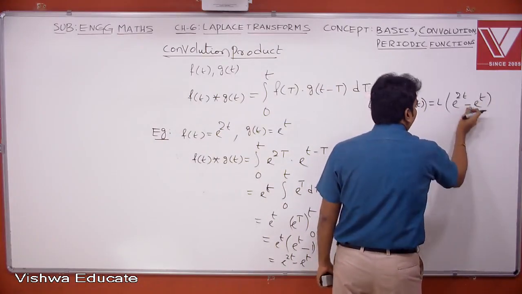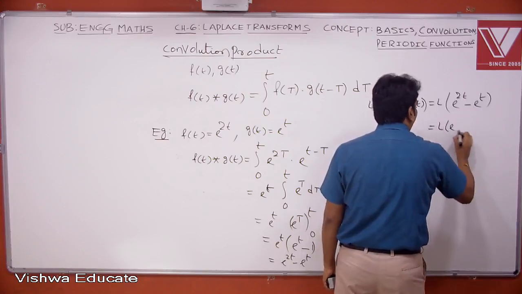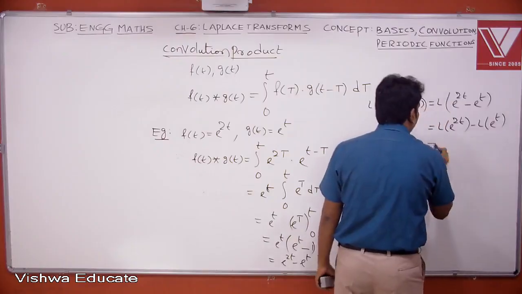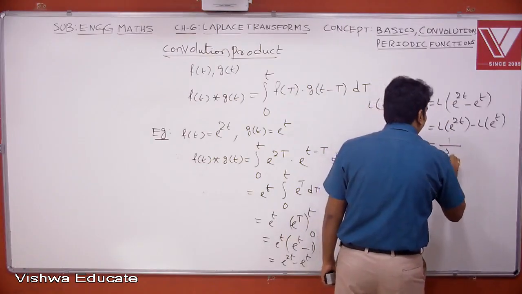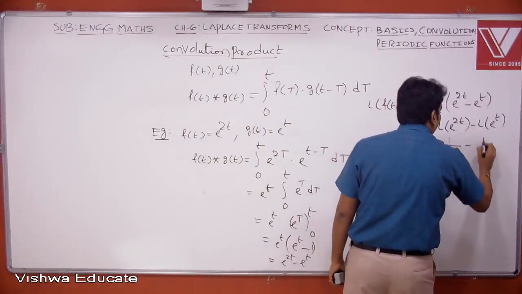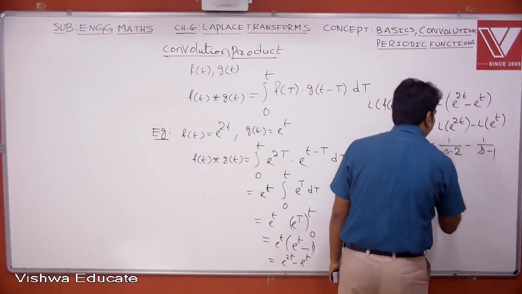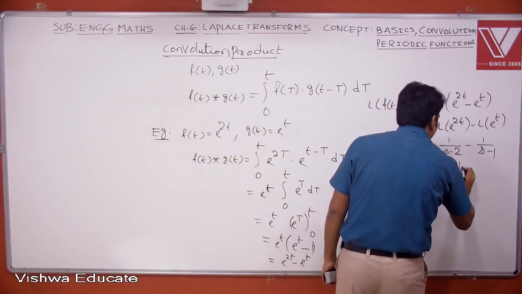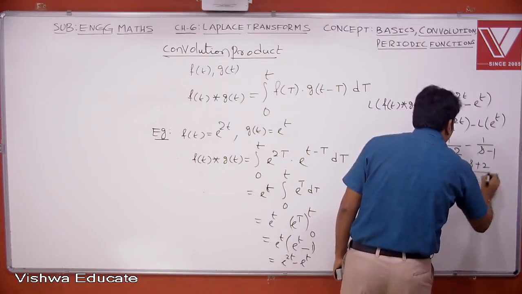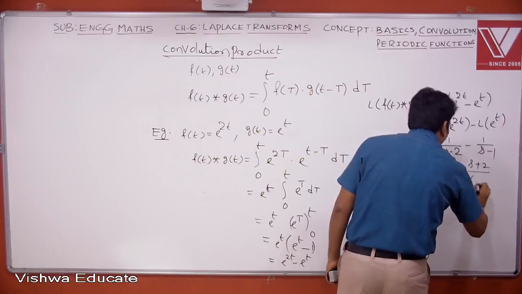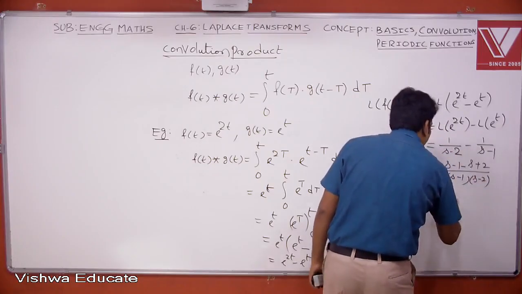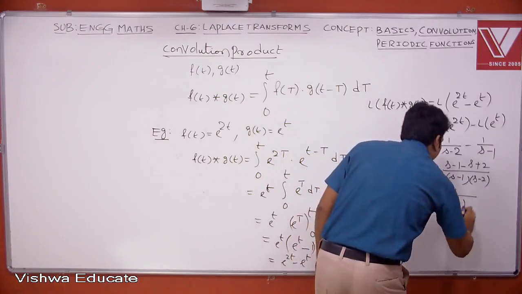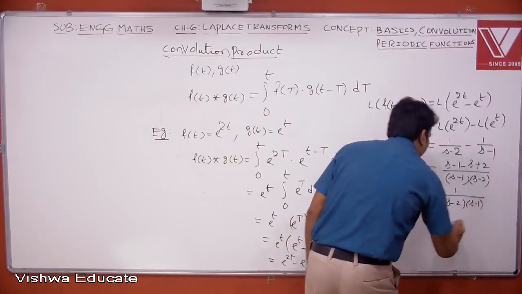Now here we have a minus symbol, so apply the linear property for Laplace. So L of e power 2t minus L of e power t. L of e power at is 1 by s minus a, so 1 by s minus 2 minus 1 by s minus 1. Now let us simplify this: s minus 1 minus s plus 2, divided by s minus 1 into s minus 2. So therefore this is 1 divided by s minus 2 into s minus 1.